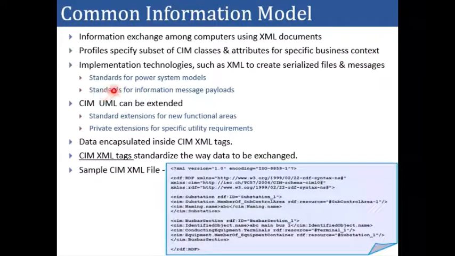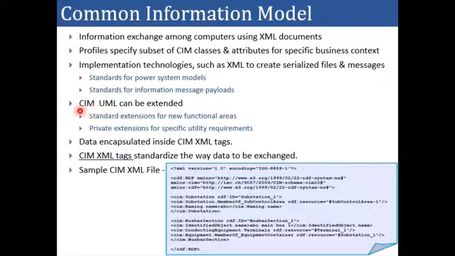Now it will help to standardize the power system model, and it will also help to standardize the information message payload. So because of having the standardized XML document, the applications which are creating CIM documents or applications which are consuming CIM documents, both will have common sharing of the thoughts, and that means that the information which is being shared will be understood by both of the applications.